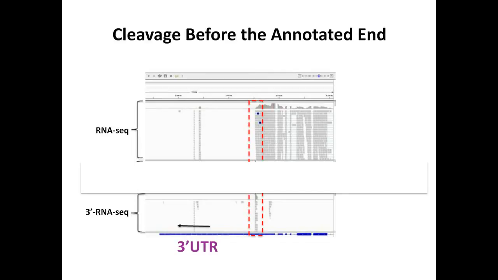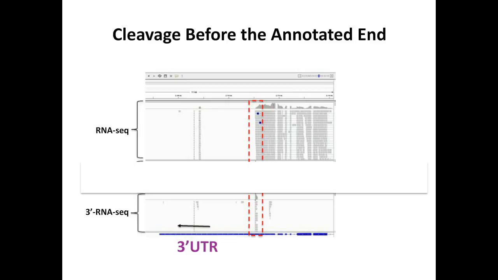So, continuing with the example that is opposite to the one I showed: here we have a 3' UTR that ends here. In this case, the gene direction is from right to left. It is on the minus strand.